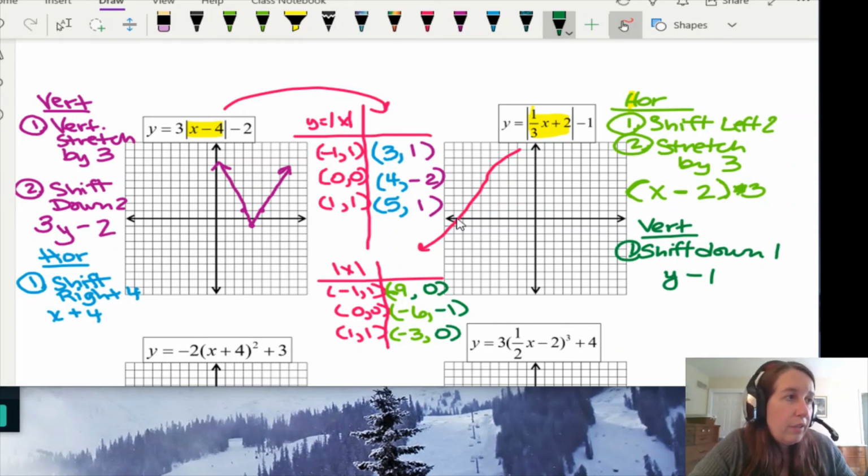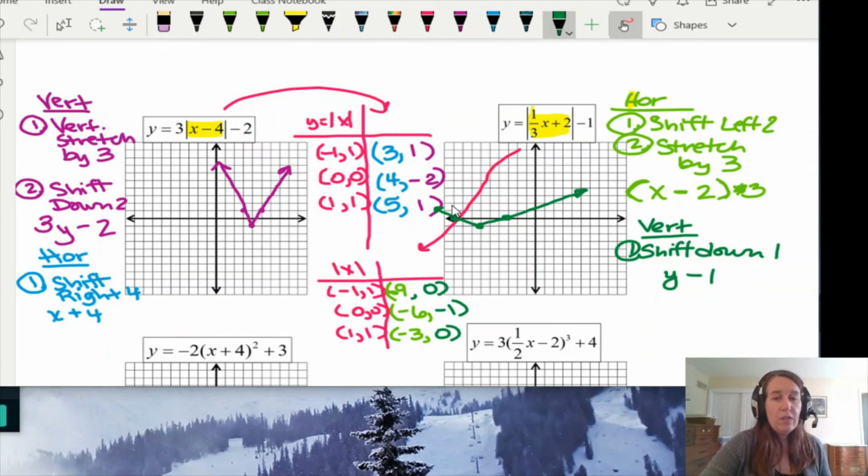So -9, 0, -6, -1. So right there. And then -3, 0 right there. Okay, so here's the bottom of our V. Goes this way.